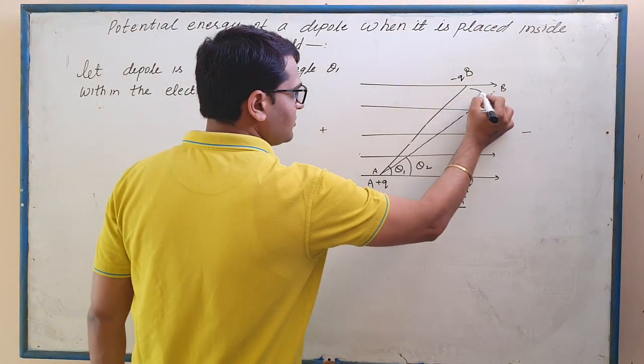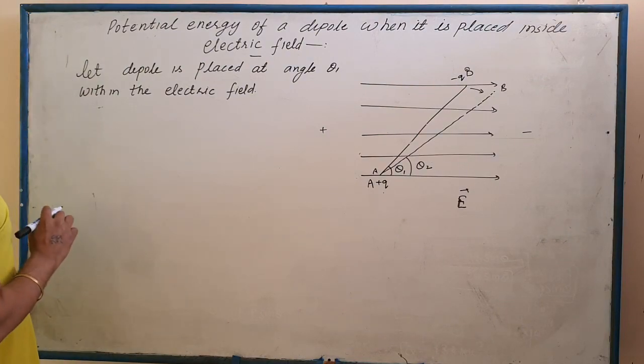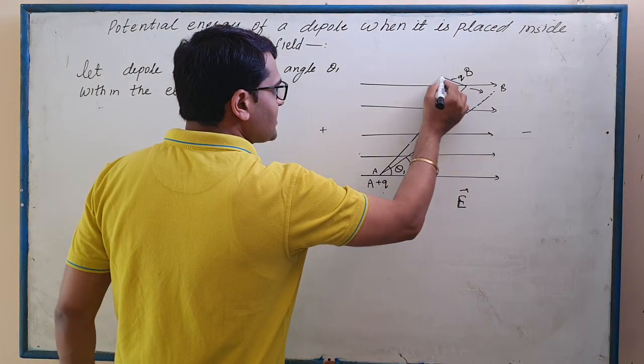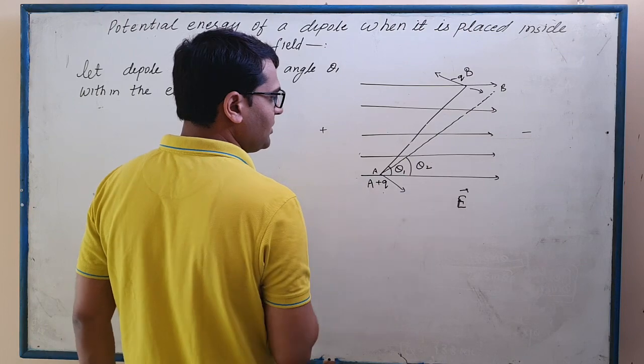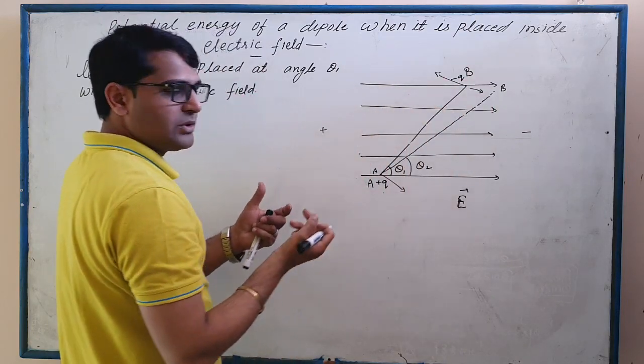This is the direction of change. Because force is acting in this direction and we need to change the direction in the opposite way, we have to do extra work.